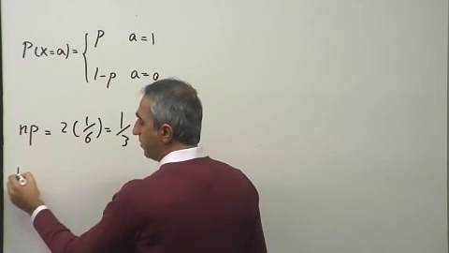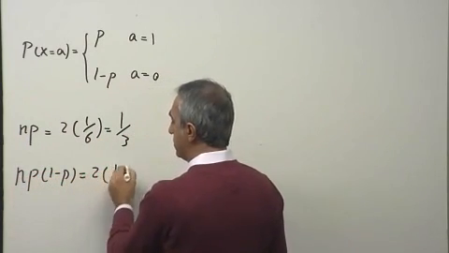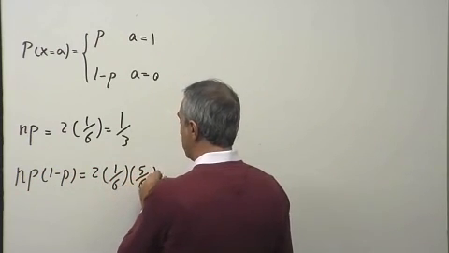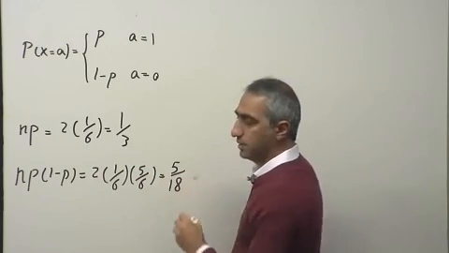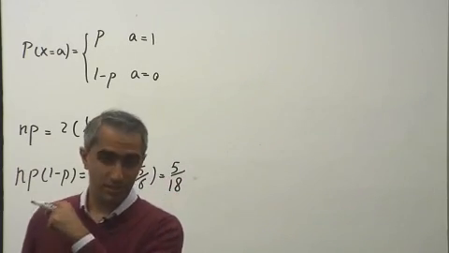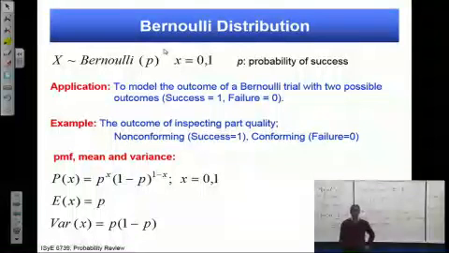And your variance was np(1 minus p), which is this guy, which is 5 over 18. That's why I asked if anybody could tell me the mean and variance without solving that or calculating that long summation. That's exactly how I did it. And I did a drawing at the beginning, but I fixed it.